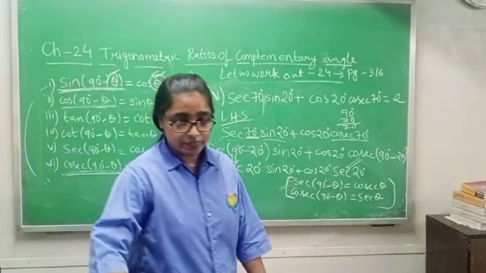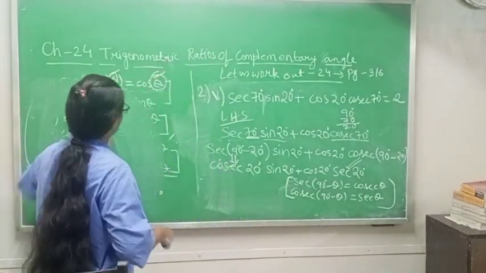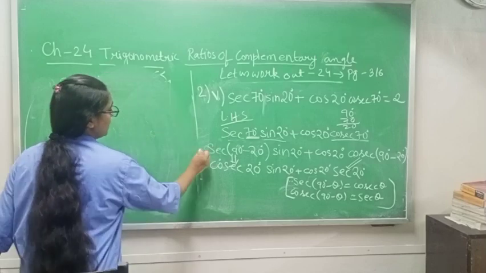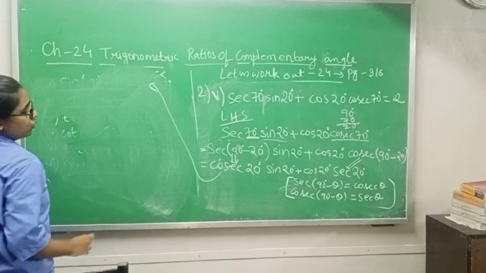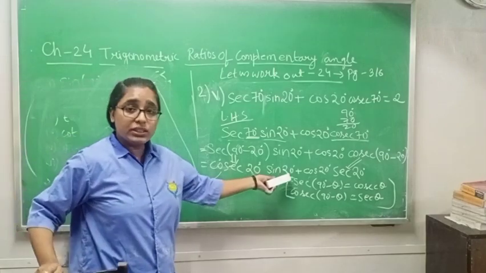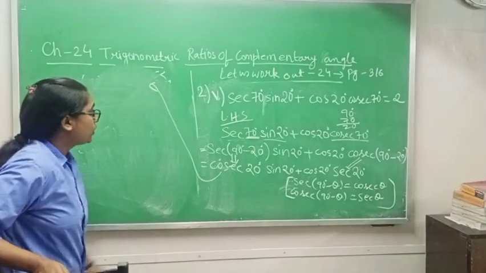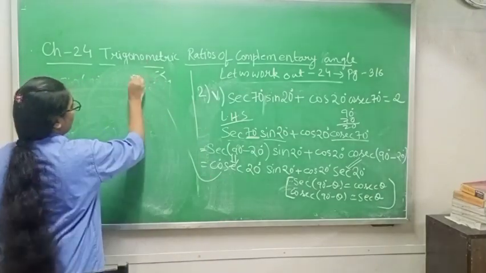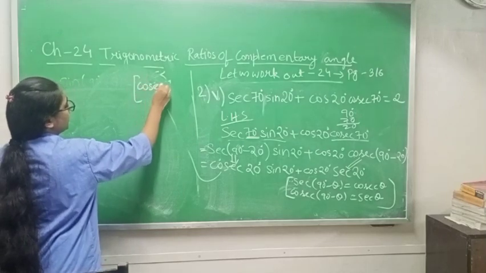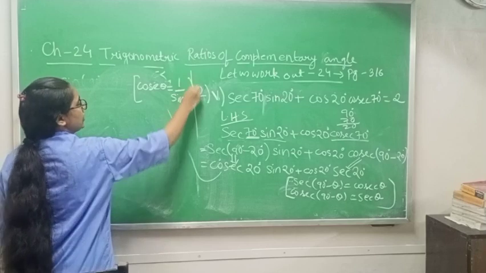After doing this, now I am rubbing this one. After going up to here, please come here. So cosec 20 degree sin 20 degree plus cos 20 degree sec 20 degree. Now you know that cosec theta equals 1 by sin theta.